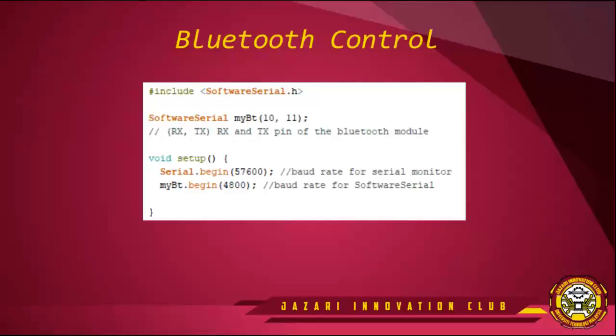Don't forget to put your begin function inside the void setup with other declarations like pin mode and so on. Remember Bluetooth begin, you can refer to this from the module.